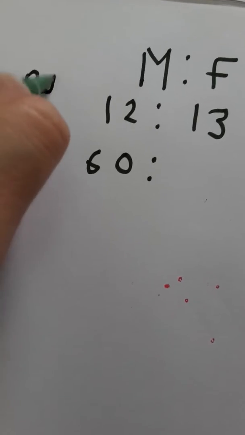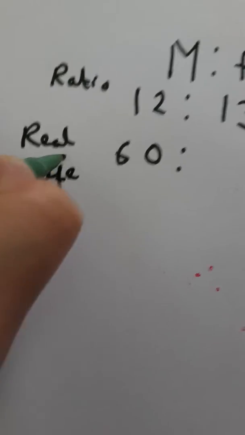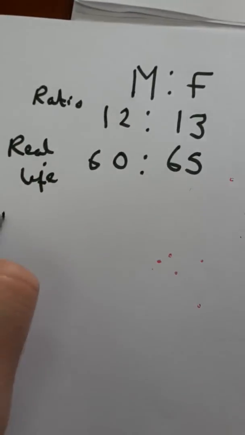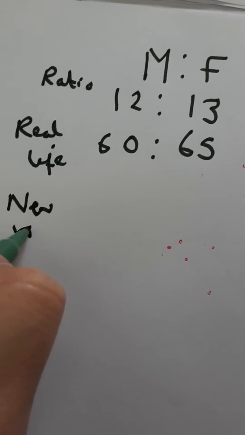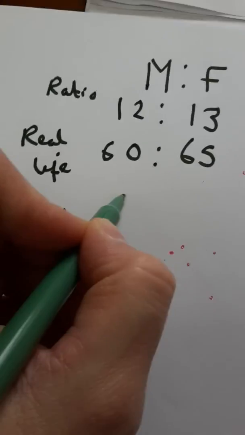So this is our ratio. And this is real life, 60 to 65, but we need our new ratio to be 3 to 5.